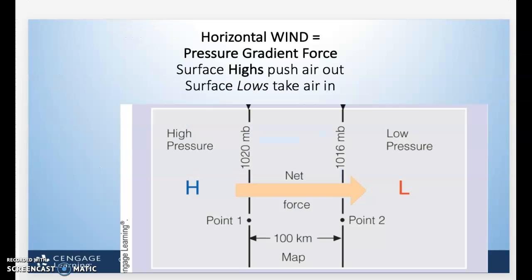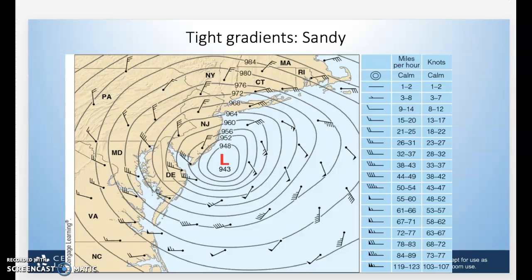To go into horizontal wind, the force is much more powerful. It's a pressure gradient force. It pushes the surface highs toward the surface lows. And in fact, you see this with the pressure gradients from Hurricane Sandy.